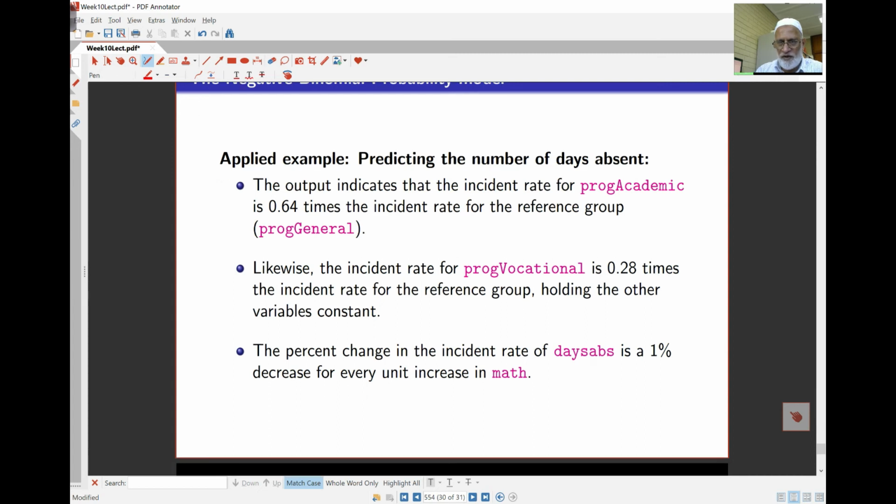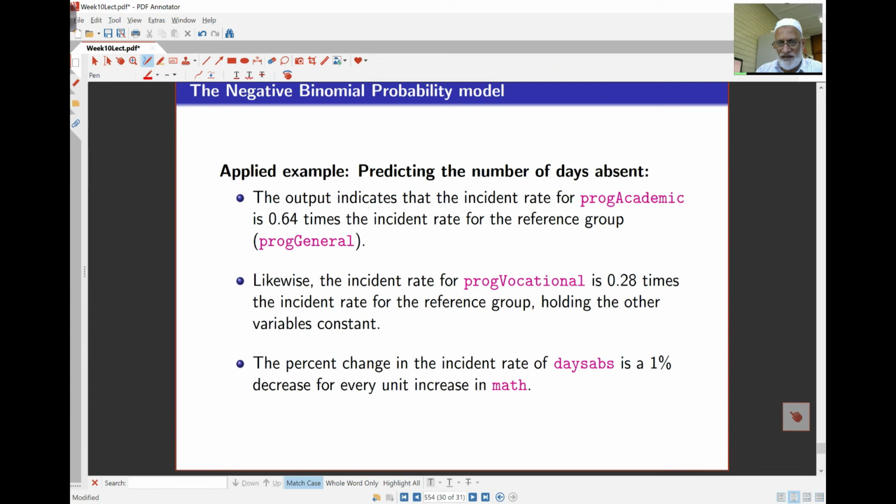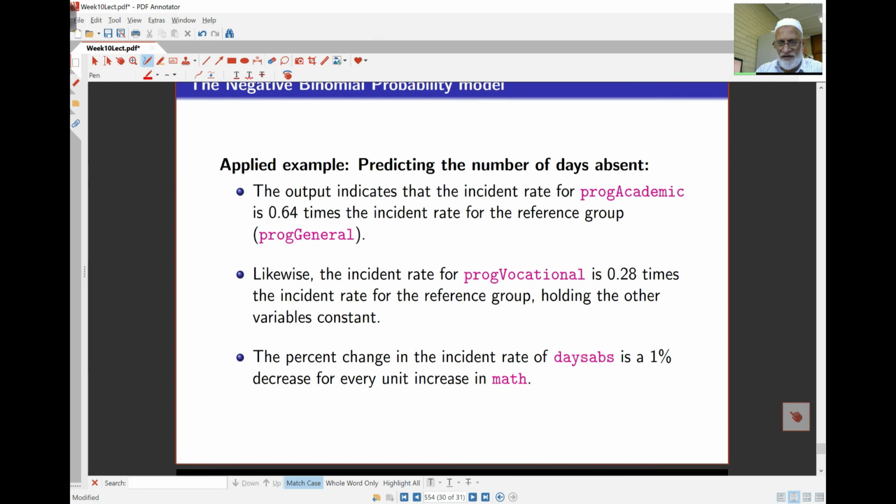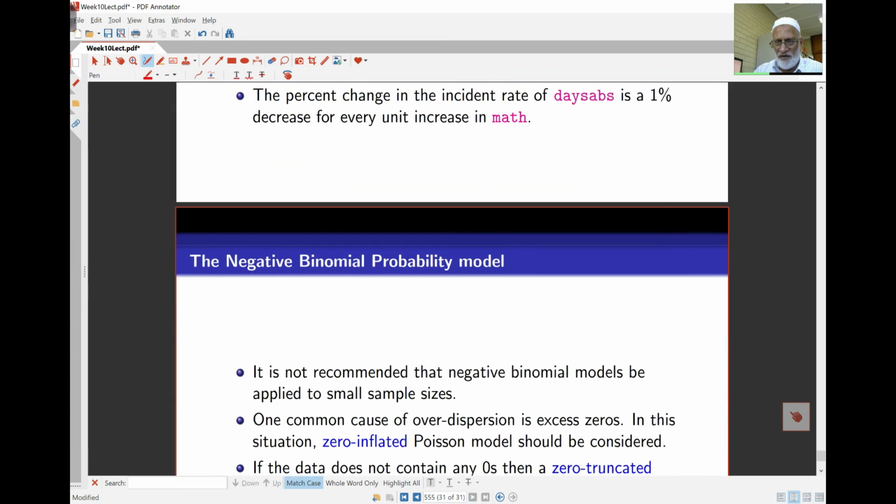Vocational is 0.28 times, in other words 28% of the absenteeism for general, and the percent change in incident rate of days absent is 1% decrease for every unit increase in maths, or if you like, it's 99% of the absenteeism for an increase of score of 1 in maths. So that's by and large what we need to do with this.